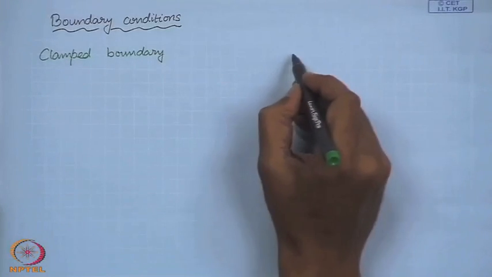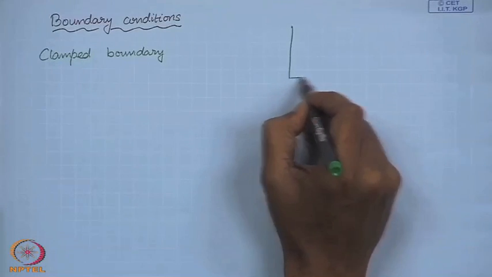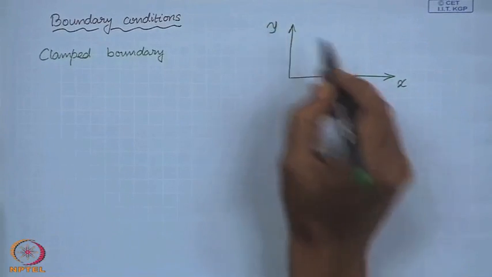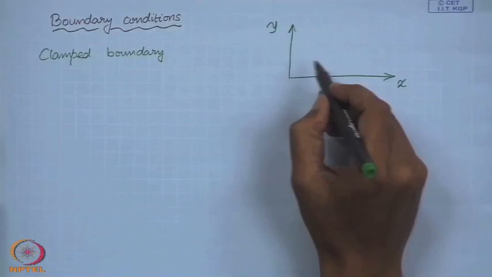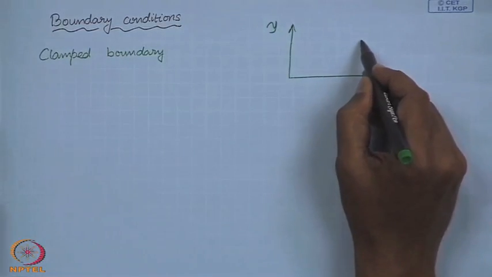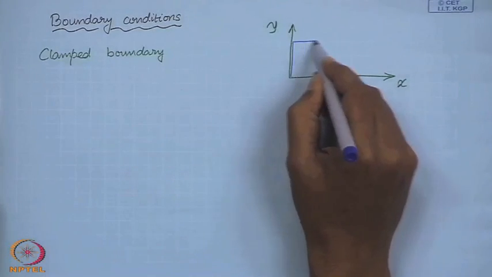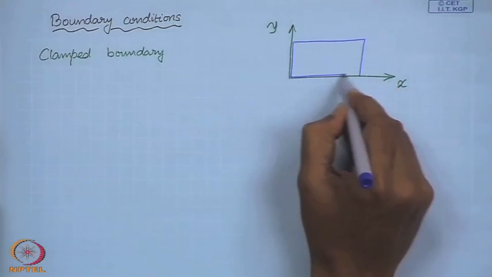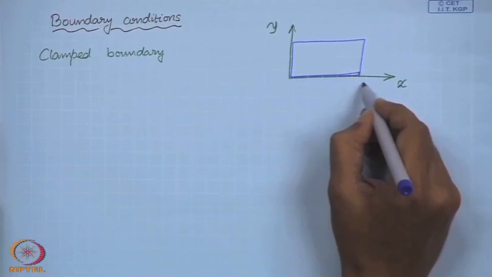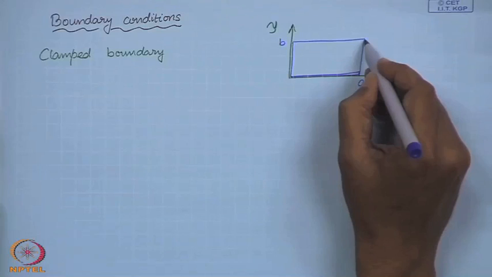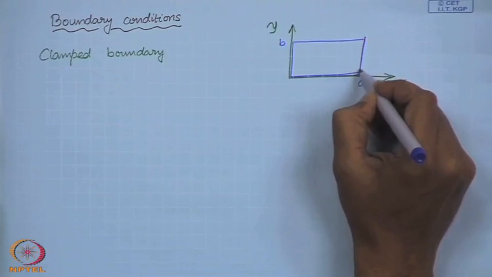Suppose you have a plate and you have a boundary here which is a clamped boundary.